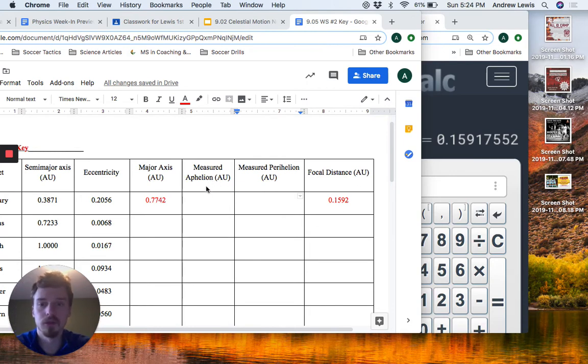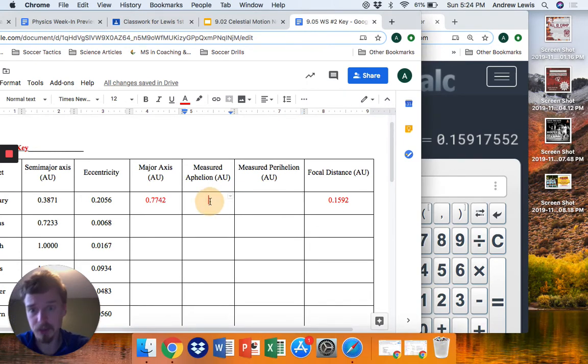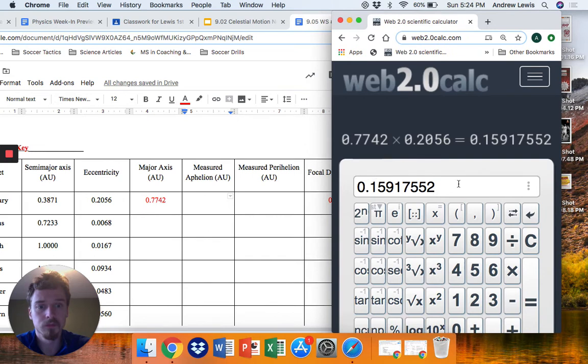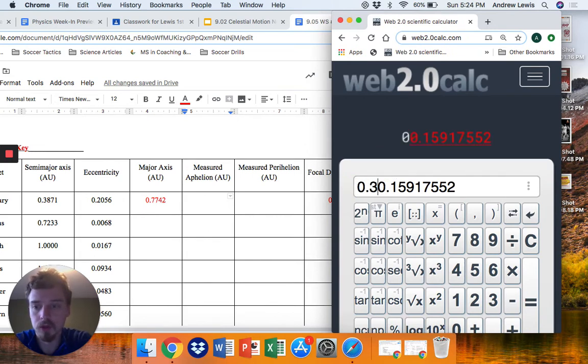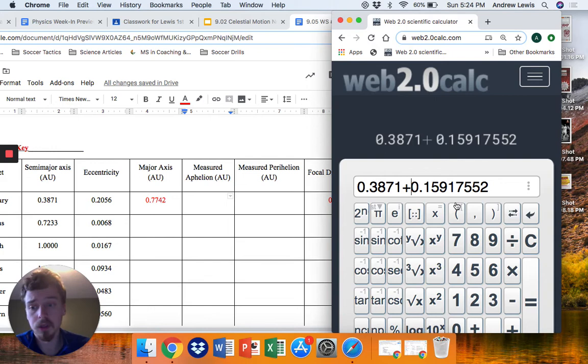So now we're going to start out with, as I said, the aphelion. So I have my semi-major axis, 0.3871, plus, this is our focal distance. That's not what we want. We want half of that focal distance. We want from the center to the foci, right? Because we already have from the center to the outer edge.